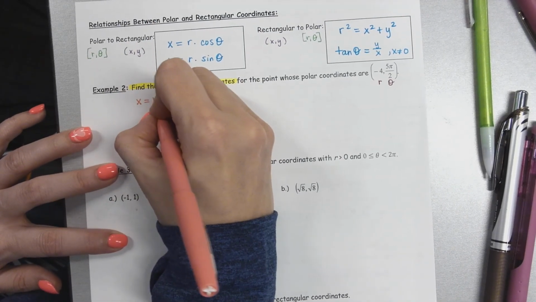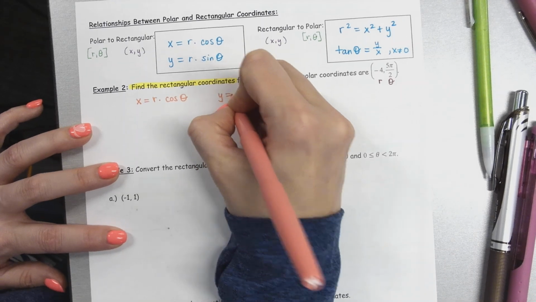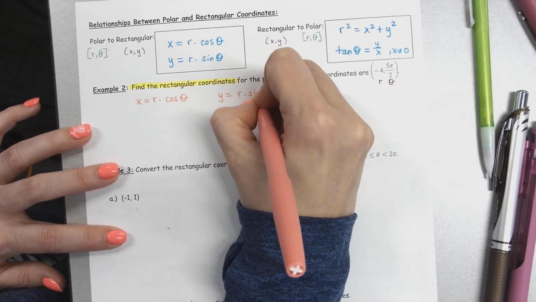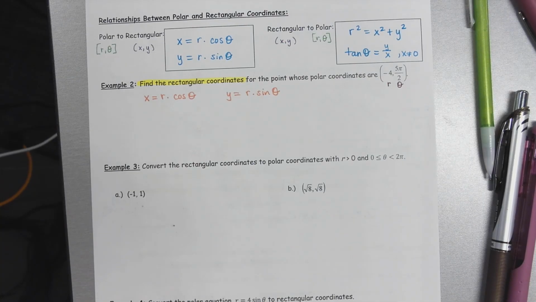So we know that x is equal to r times the cosine of theta, and y is equal to r times the sine of theta. So based on what you know about r and theta, go ahead and substitute. So you can substitute your value for r, you can substitute your value for theta, and then think about what your next step is going to be.